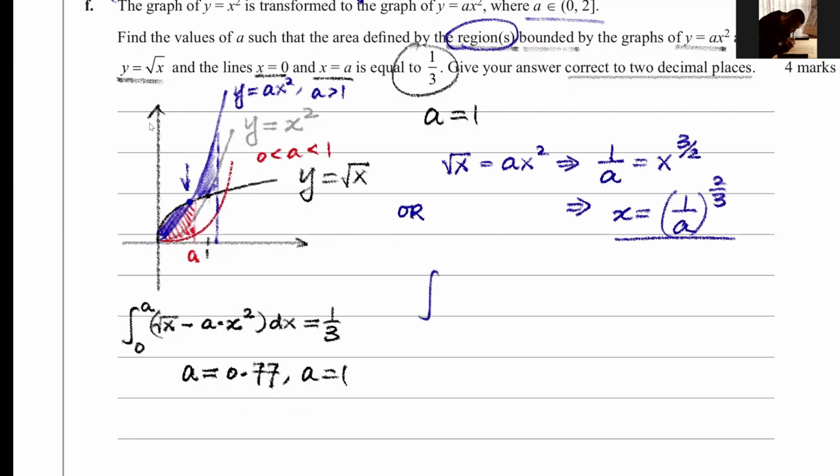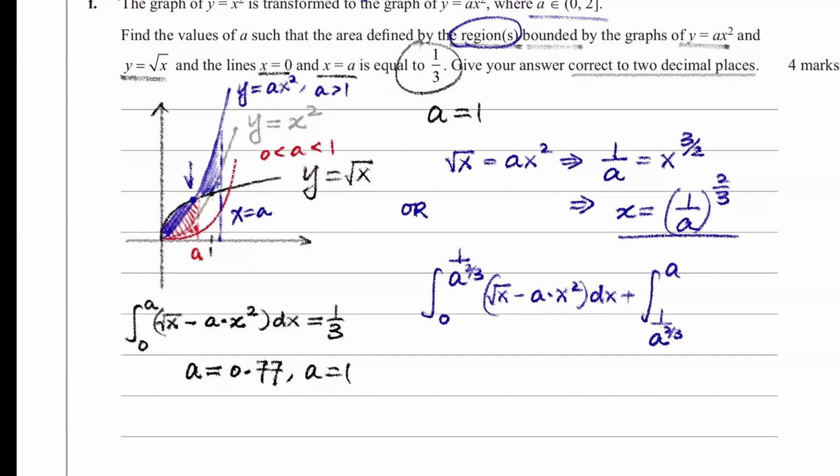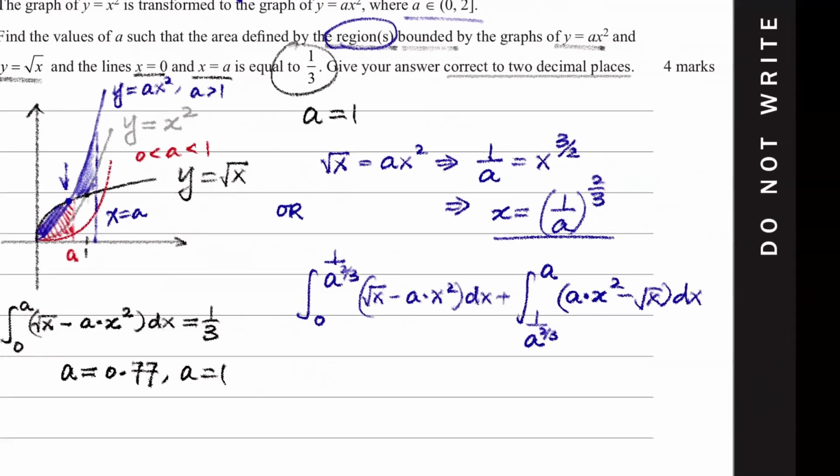Then you form an integral equation: the integral from 0 to 1 over a to the power 2/3 of root x minus a times x squared, since x equals a here. And the second integral is the other way around, ax squared minus root x dx. You would like this whole expression to equal 1/3.